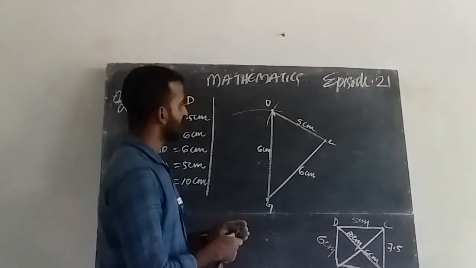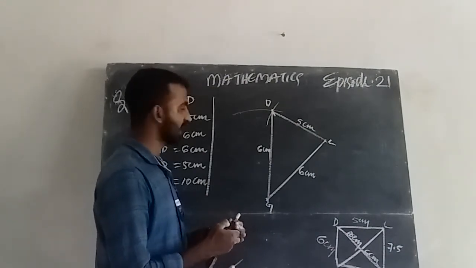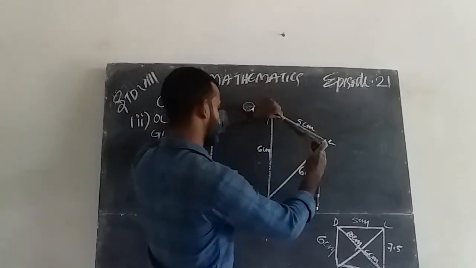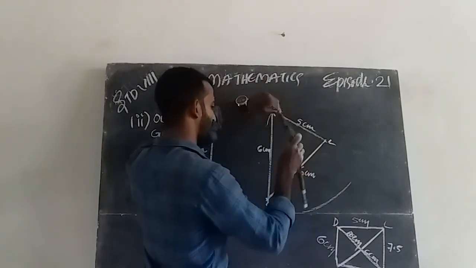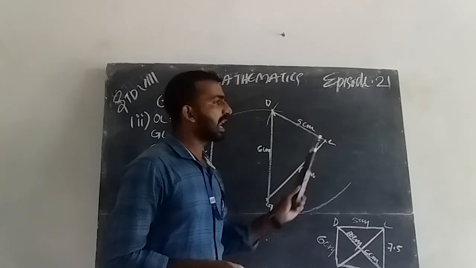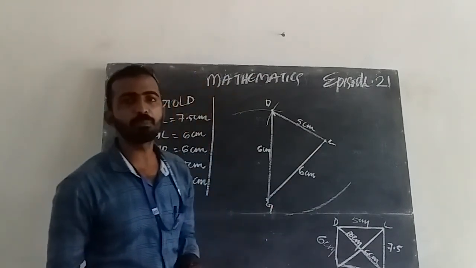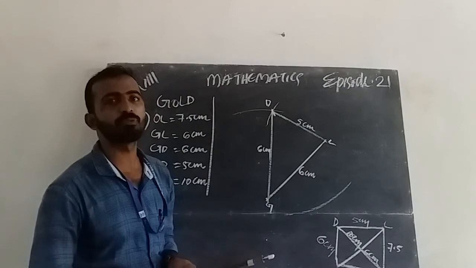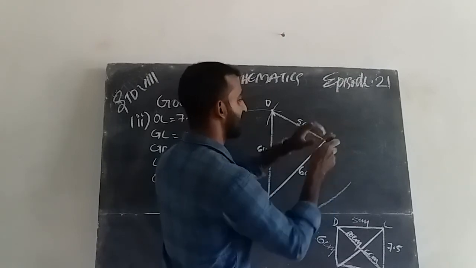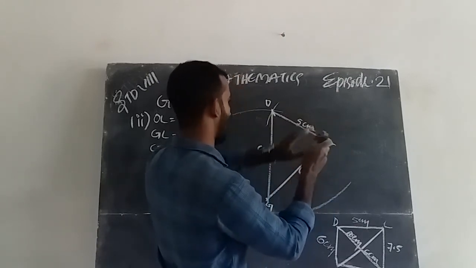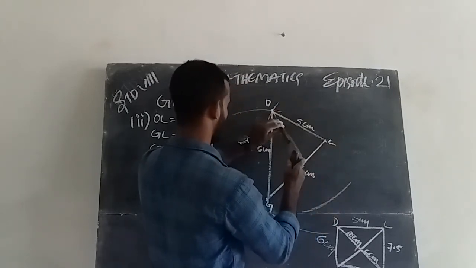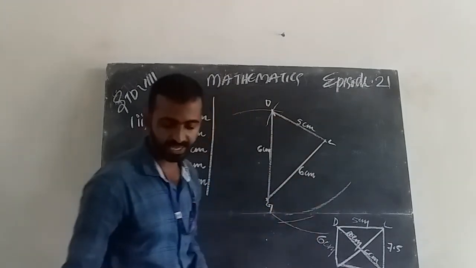Then we consider D as center. We draw an arc. And next we consider L as center, and we draw a 7.5 centimeter arc. L is our center. Then we draw the arc. Here is the intersection.